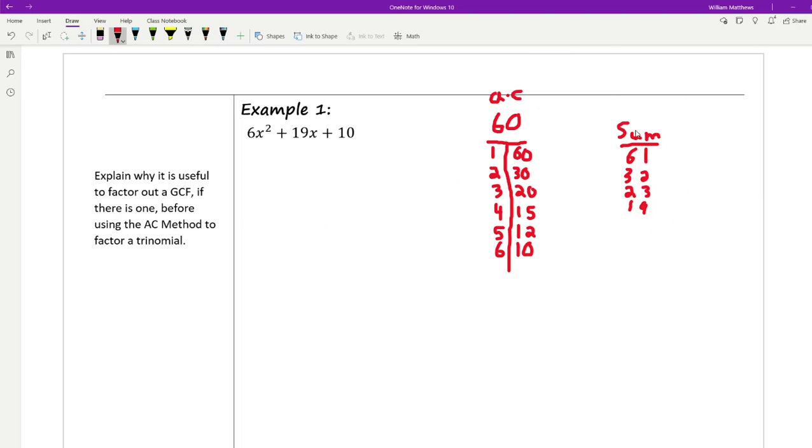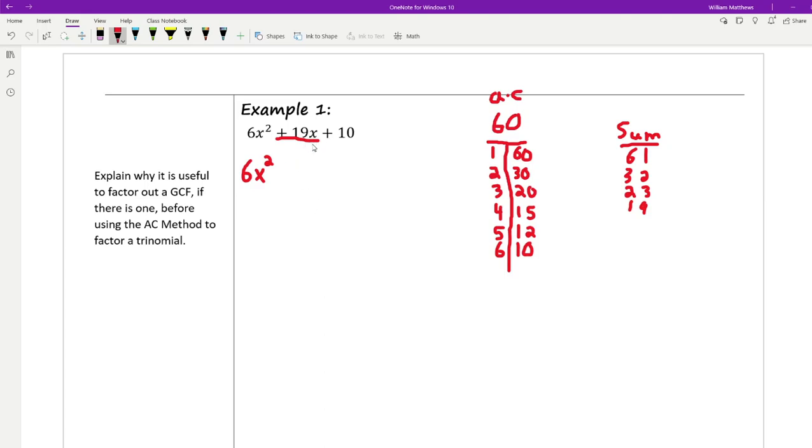So this part was in the separate video. Now I'm showing you why we learned that. We can rewrite our trinomial. We have 6x squared still. What we are going to change is our middle section.